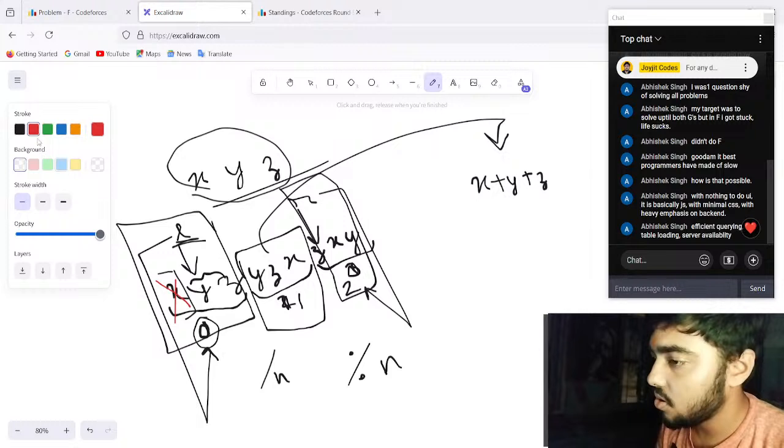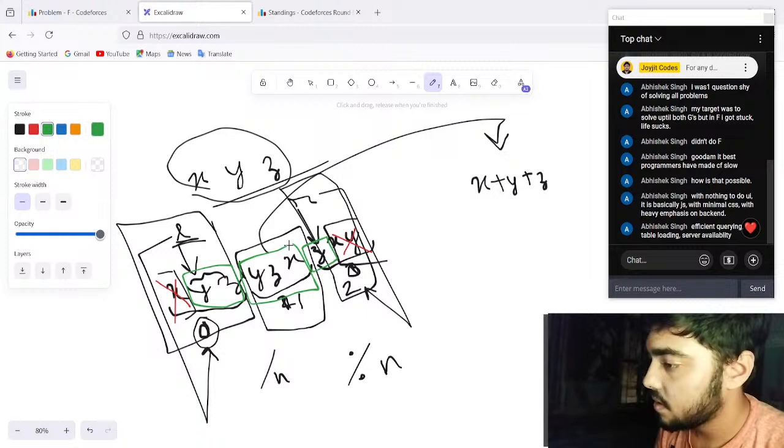And for this R also, x and y are excluded. So we don't need to find this. Clear? So what we need to find is basically this, and this whole thing, right?